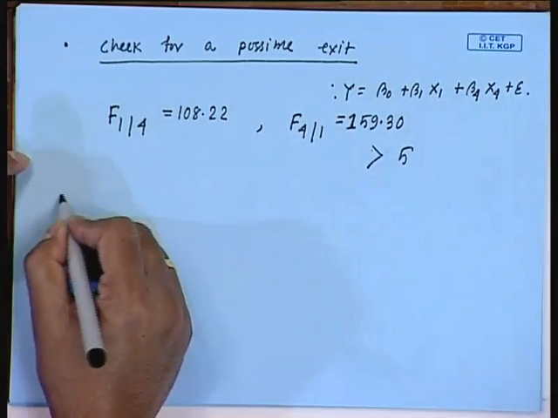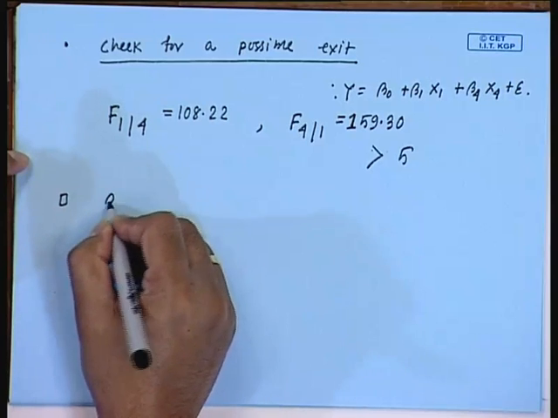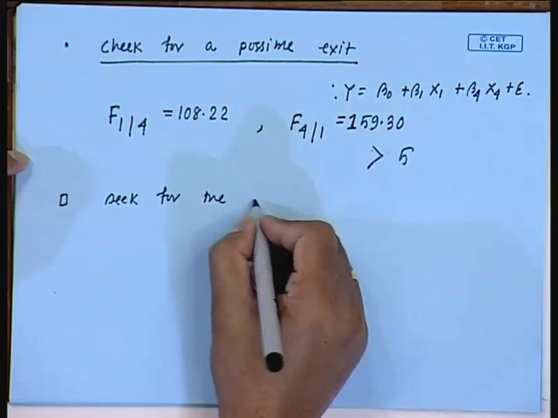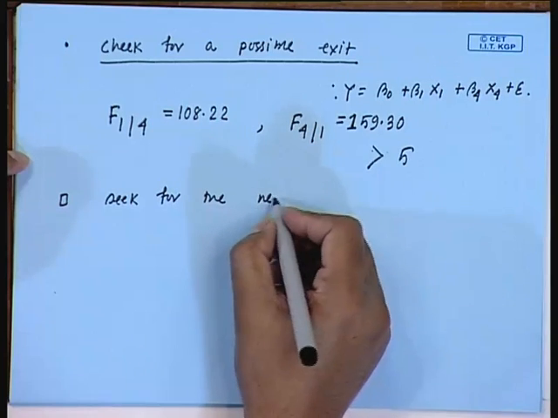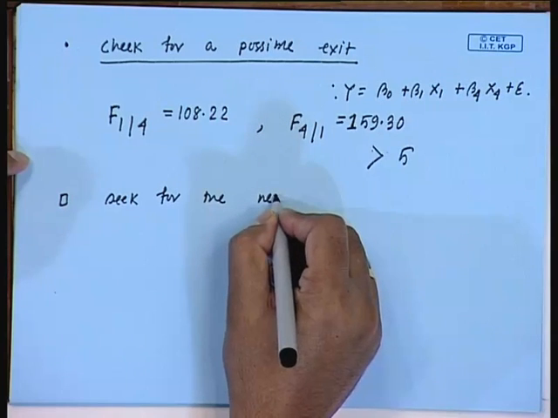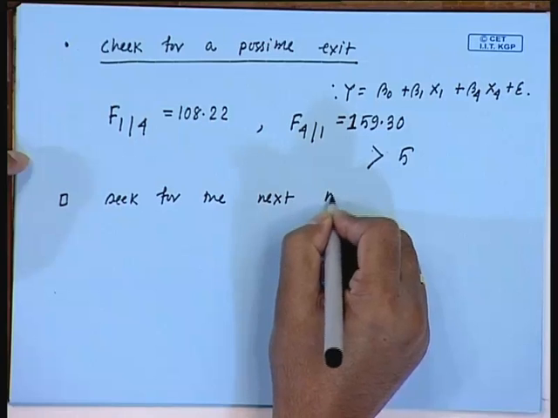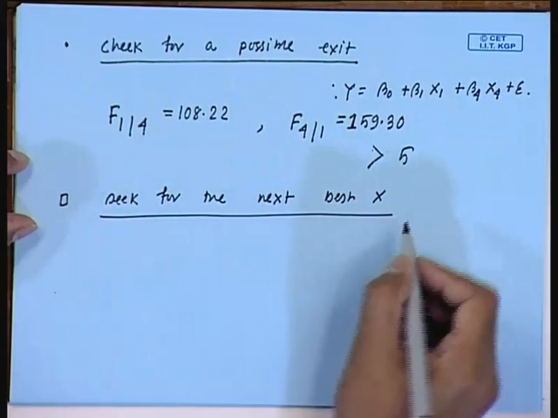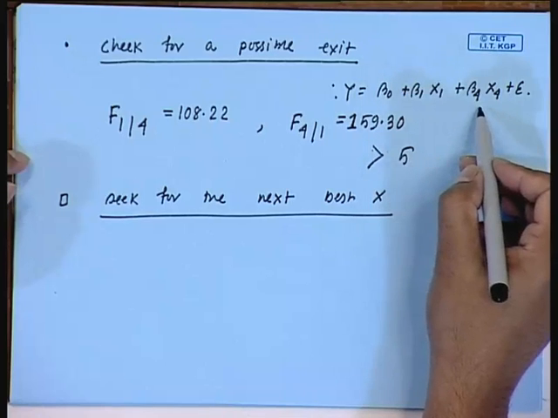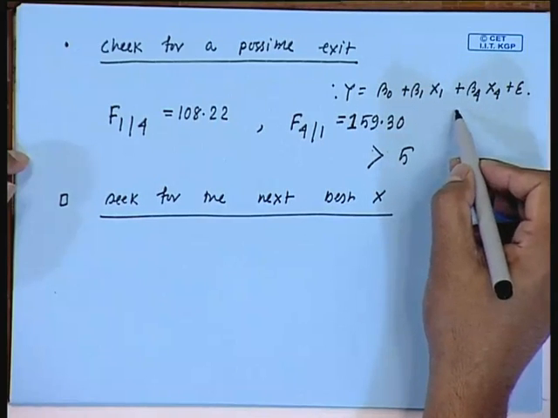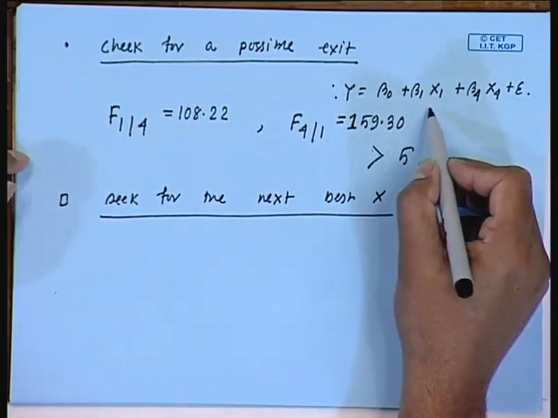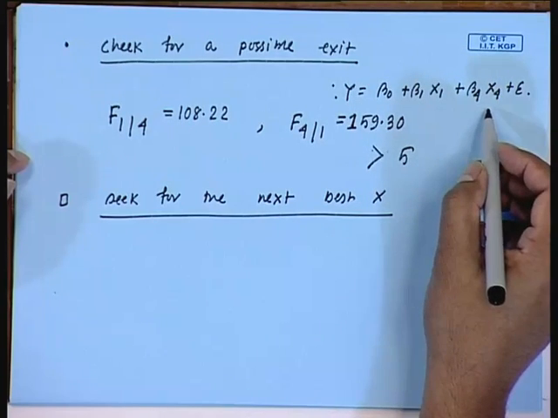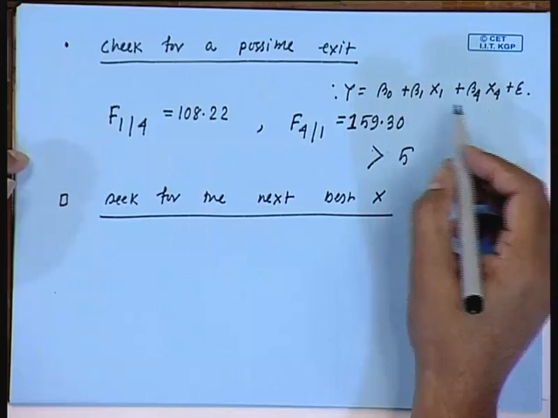So, the next step is that we seek the next best regressor x. So, I have x1 and x4 in the model, and x1 is significant in the presence of x4 and also x4 is significant in the presence of x1.